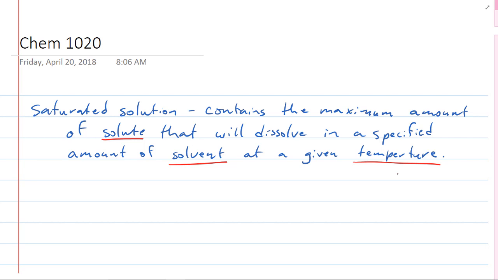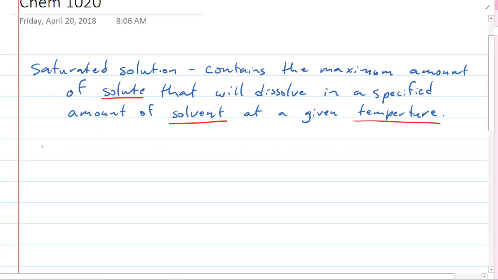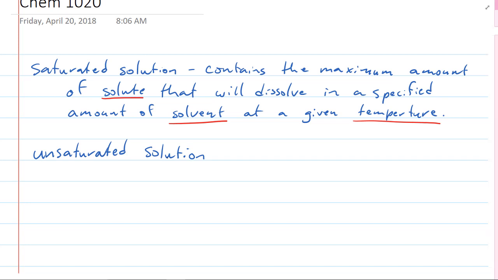Depends on 3 things. So that means that when we get to an unsaturated solution, as its name would suggest, an unsaturated solution is going to be one that contains less than the maximum. And we actually define it based on a saturated solution.